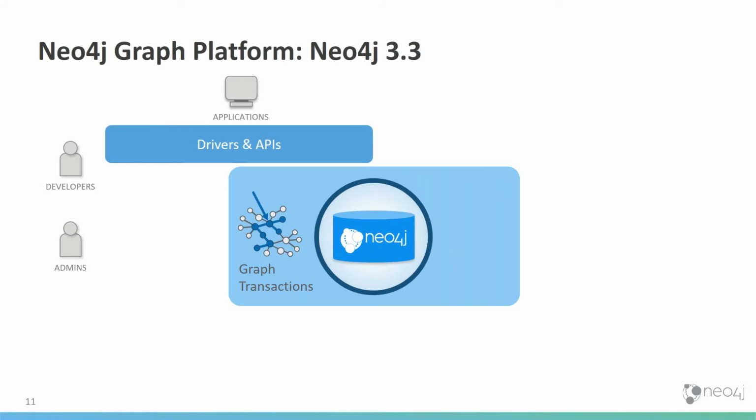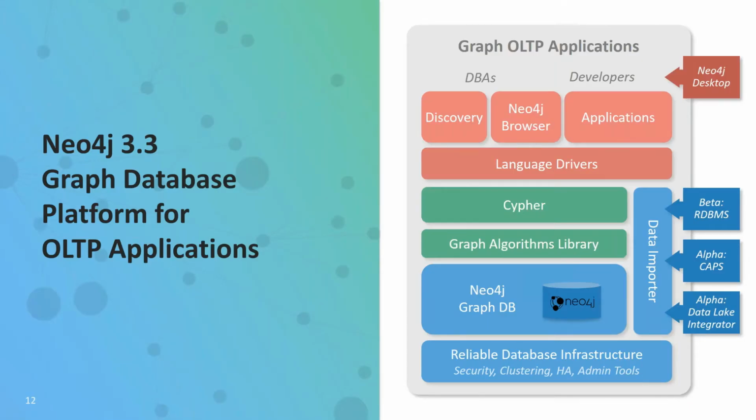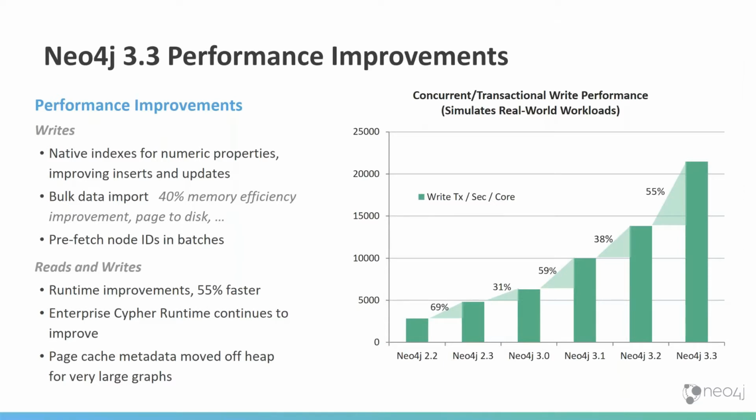As this diagram builds, you'll see where other areas are addressed. For the graph database itself, we'll go through the areas where we've continued to invest for these transaction processing applications. And as I said earlier, some of the major things we were focusing on were performance improvements in reads and writes in the database.